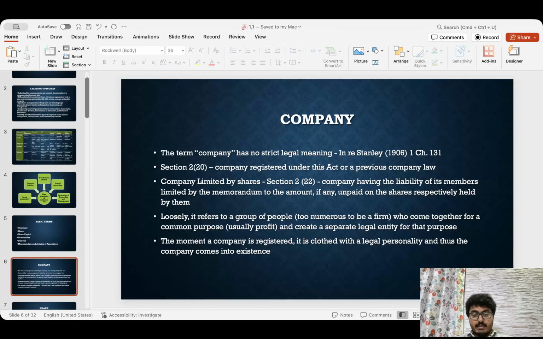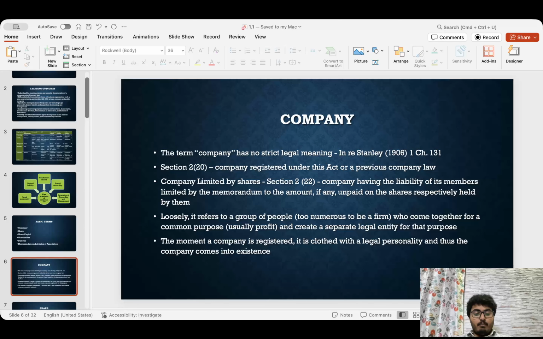A company is a group of persons who come together for a common business purpose and create a separate legal entity to earn profit. The main motive of a profit-seeking company is to earn profit, but the company always maintains some rules and regulations, because the moment the company is registered, it is clothed with a legal personality, and thus the company comes into existence.